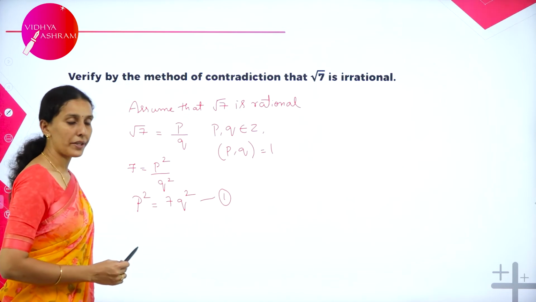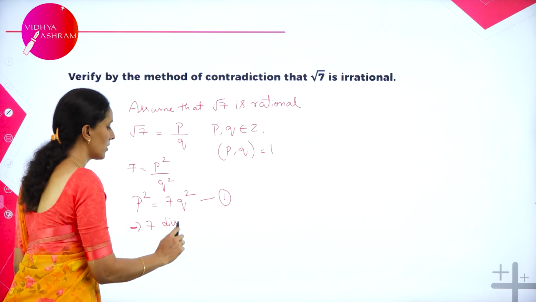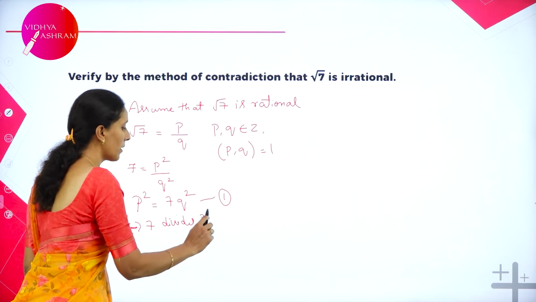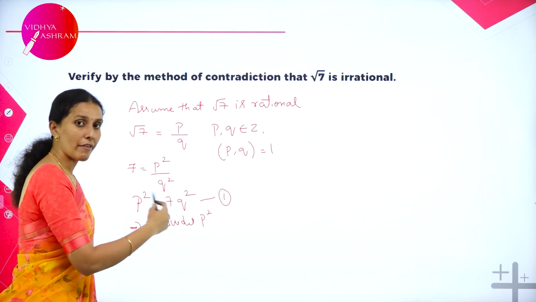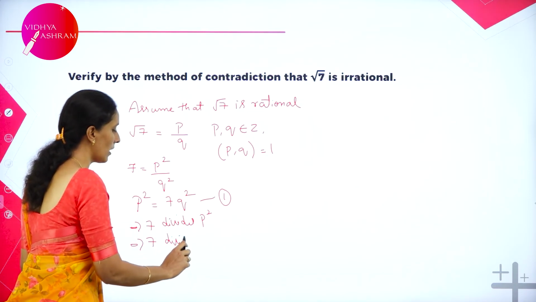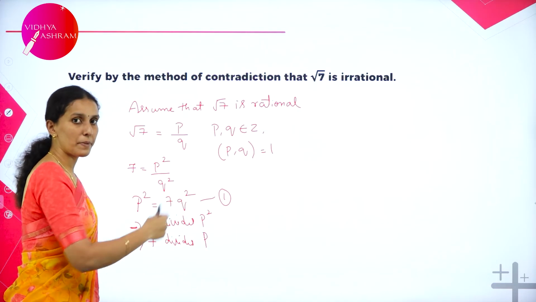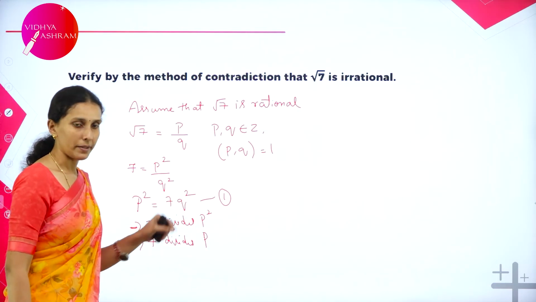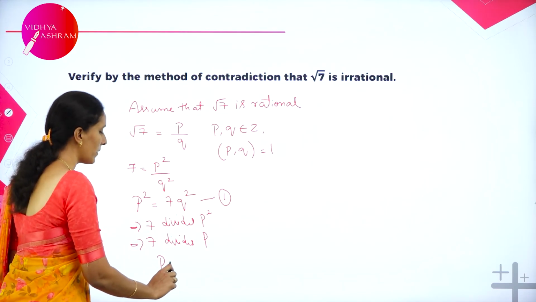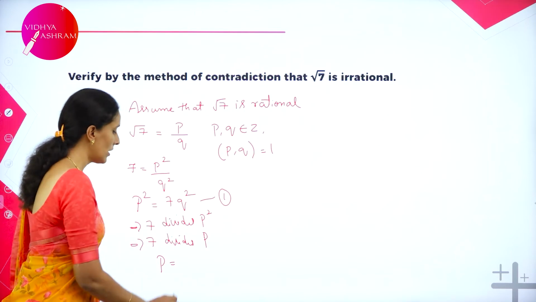According to equation 1, this implies 7 divides P square. If any number divides its square, then it also divides the number. So if 7 divides P square, then 7 divides P. Therefore, P can be written as a multiple of 7 into some other number.